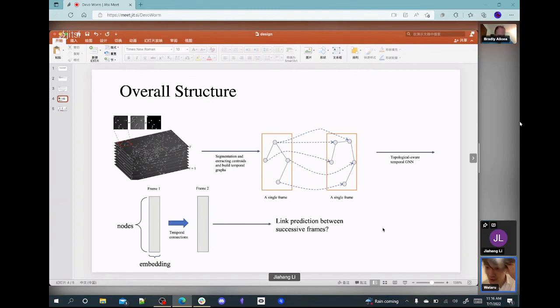Yes, I remember that paper, but I remember it was designed for heterogeneous graphs, right? Yes, I will check that. My bachelor dissertation is about heterogeneous networks, so I've checked this paper before. Sorry, I'm still a beginner in GNN, so I don't understand the types of GNNs. That's okay, try to study.